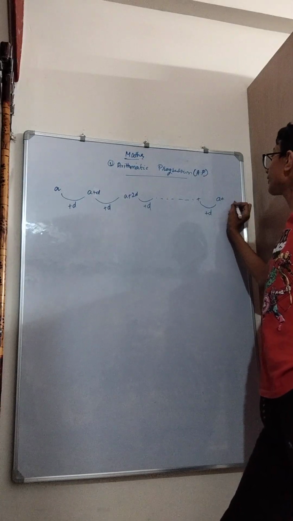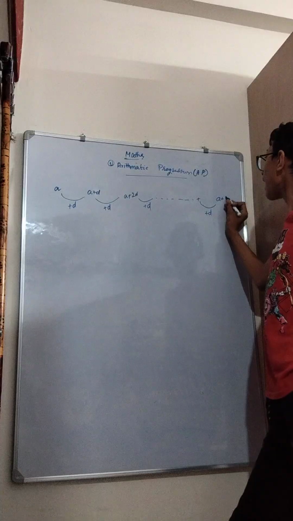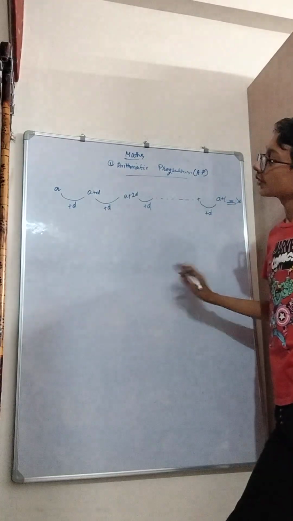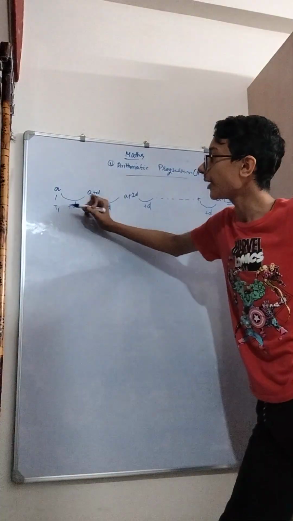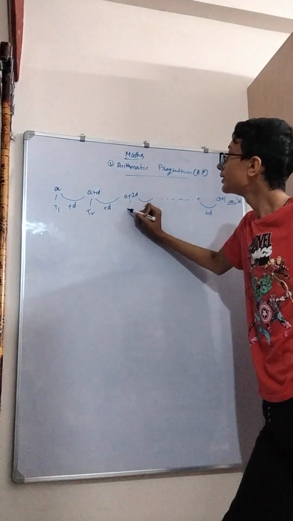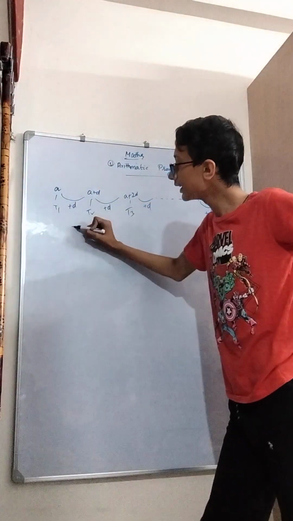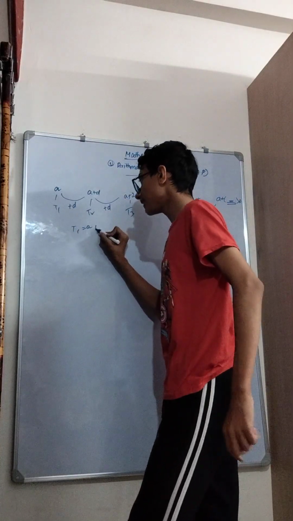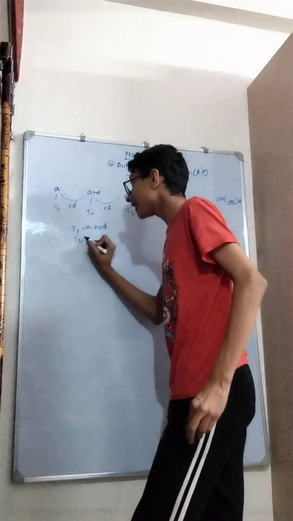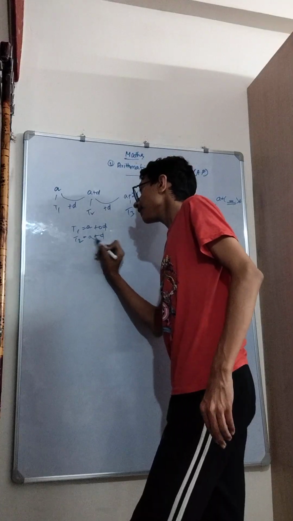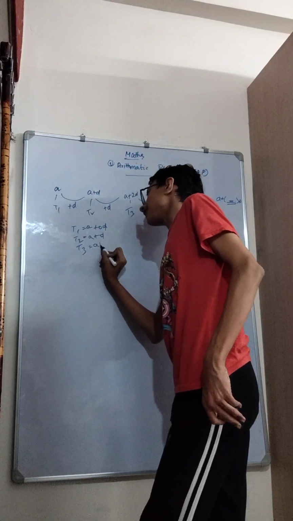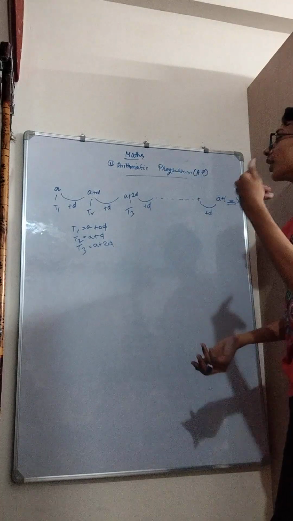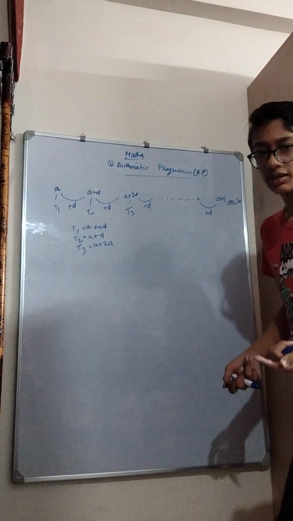So what would be the last term? This is term 1, T1. This is term 2, T2, this is term 3, T3. T1 is A, so T1 has 0D, T2 has 1D and T3 has 2D.